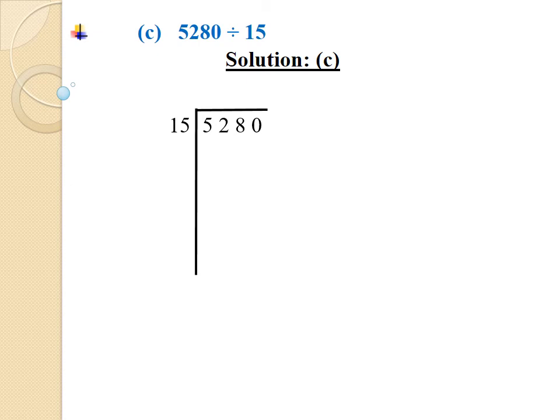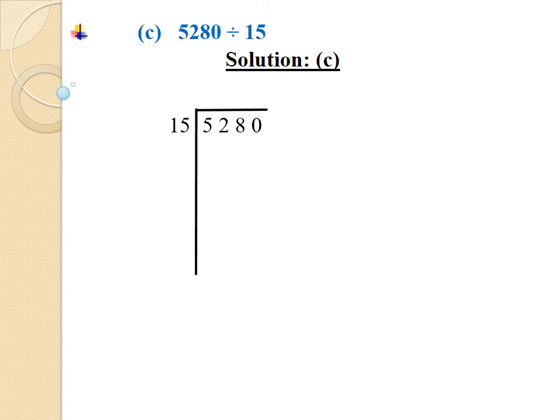Students, then we have to compare the two-digit number, that is 52 by 15. As we know that 52 is greater than 15. That is, dividend is greater than divisor. So we have to take at a time two digits and not all the four digits.